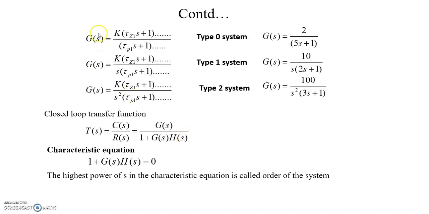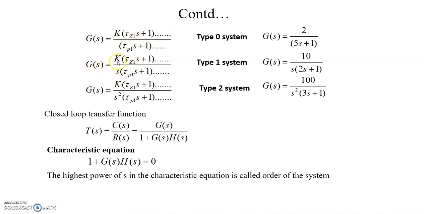So next one, this is for g of s. G of s is equal to k into (tau z1 s plus 1) divided by (tau p1 s plus 1). So this is nothing but here having s power 0. Okay, so here s is not there, so the system is a type 0 system. Next one is an example for type 1 system.